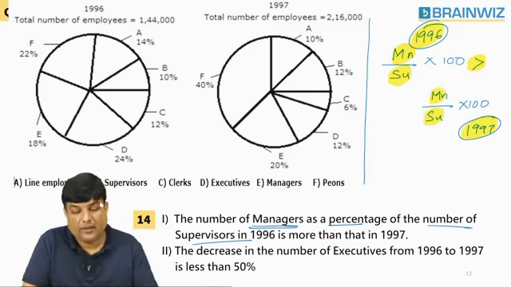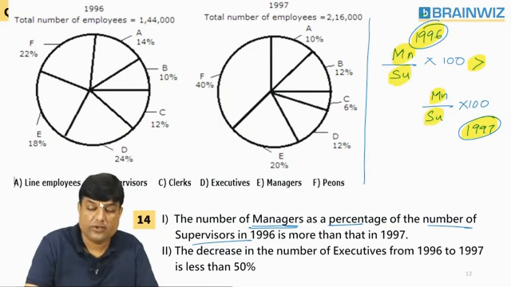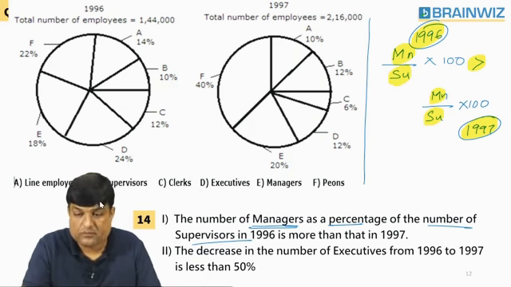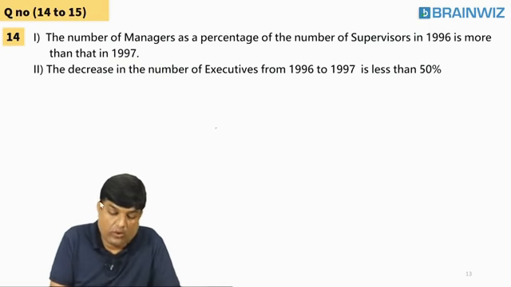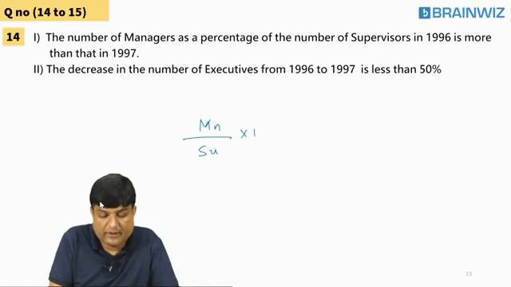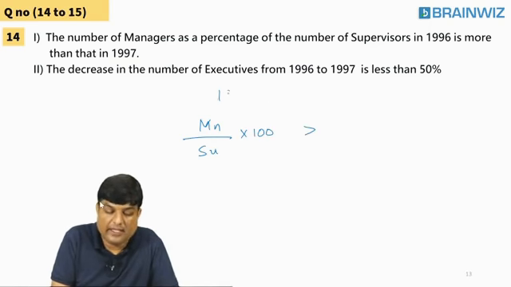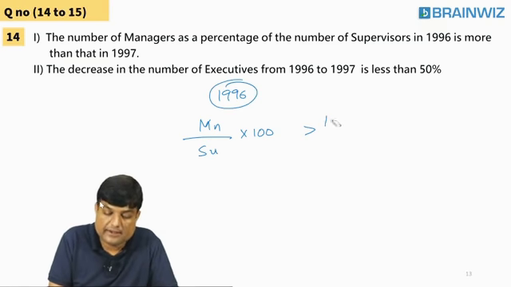Following, everybody? Clear? So here we need not struggle all that. Let's try to do it, everybody. Is the percentage in 1996 greater or lesser compared to the year 1997?